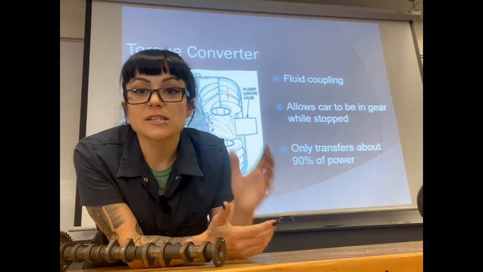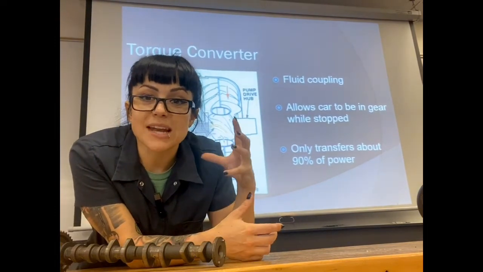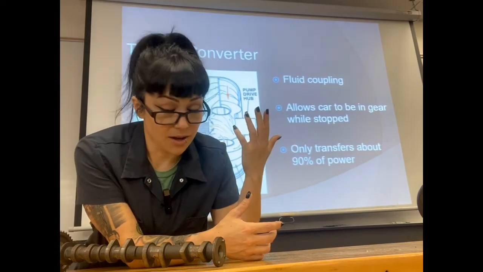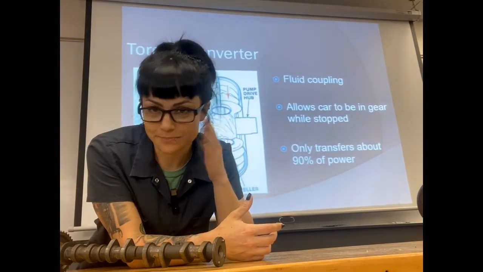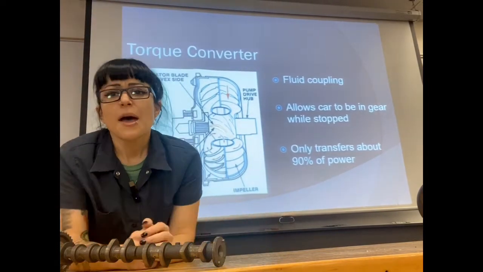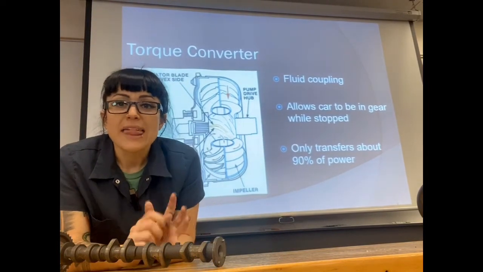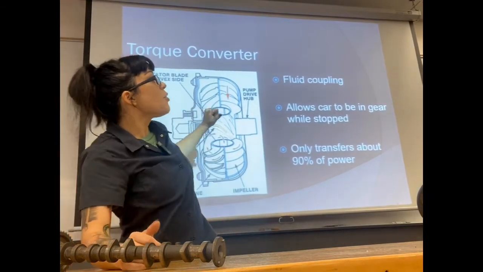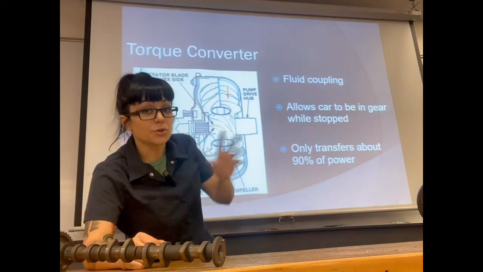When your engine is spinning, it is spinning one side of the torque converter, but instead of air, it's moving fluid. Automatic transmission fluid. I'm not going to get too into how torque converters work right now, but it is really important that we know that this portion right here, the torque converter, allows the vehicle to be in gear with your transmission, right?